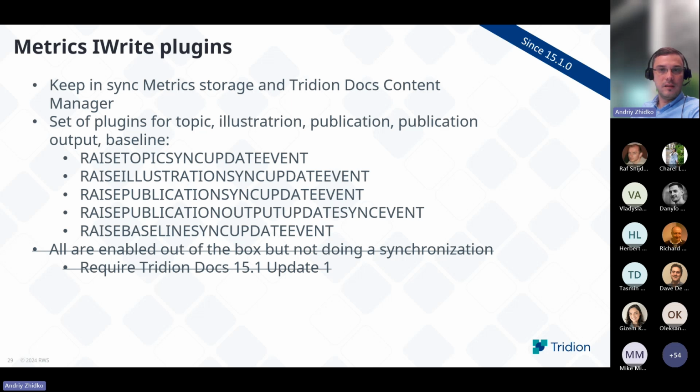The third one raises an event when the publication is being updated or created. The fourth in the list raises an event when the output was successfully published. Last but not least, it is responsible for raising an event when the baseline is being updated.